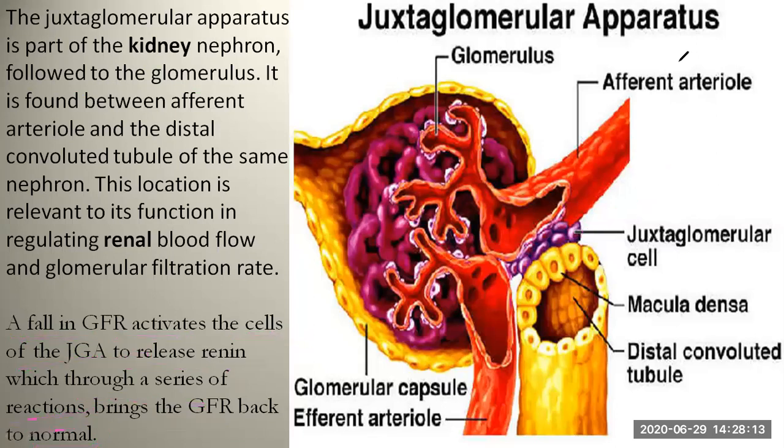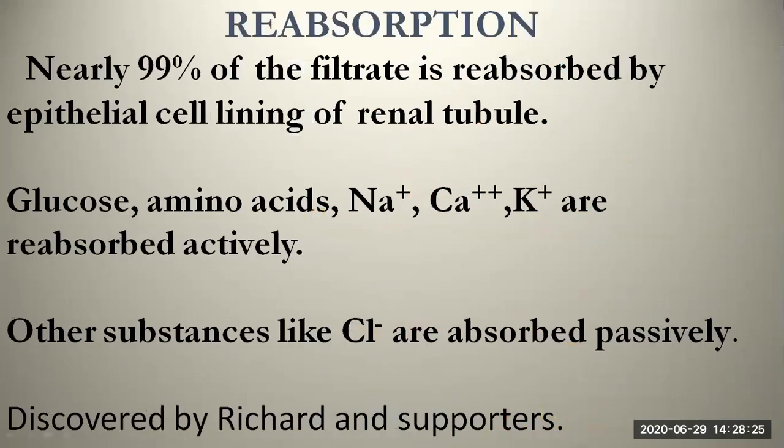Now we will see the second portion of this topic, that is tubular reabsorption or selective reabsorption. Reabsorption, you know very well. The nephron has different lengths and different parts, already divided, like PCT, loop of Henle, DCT, and collecting duct.